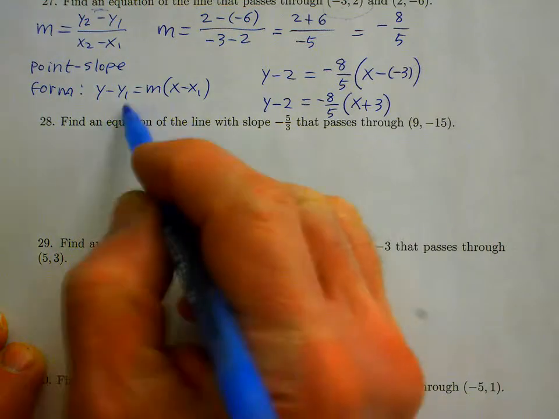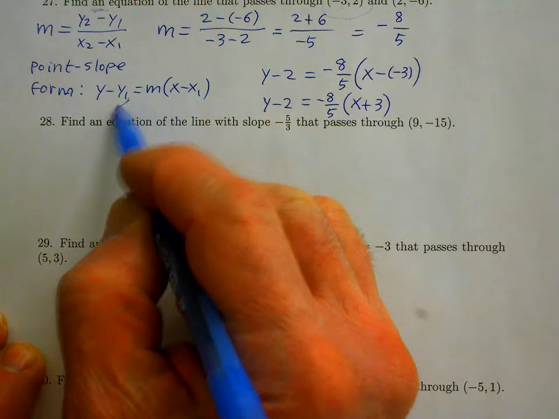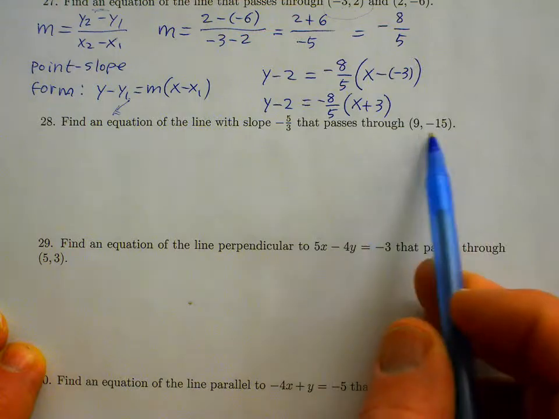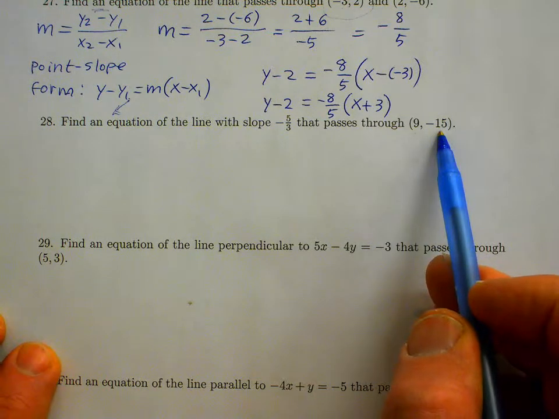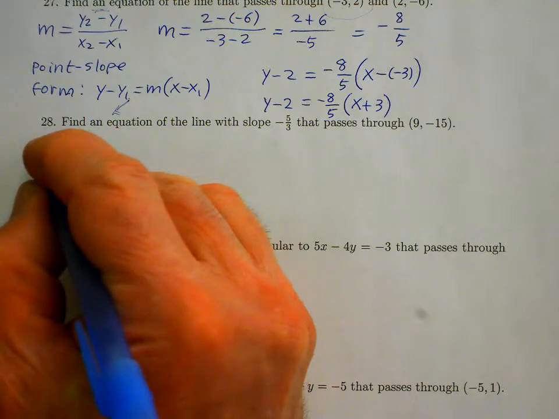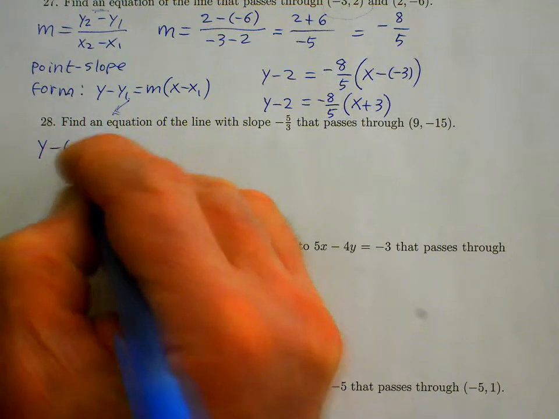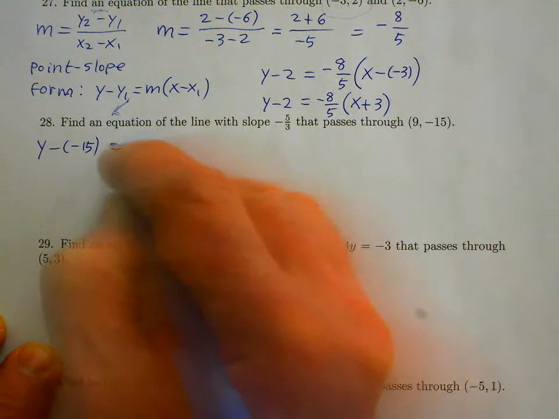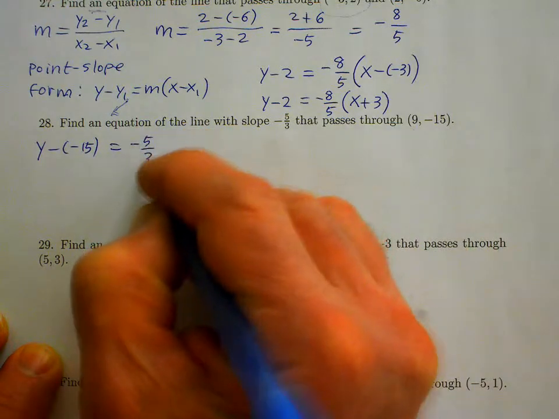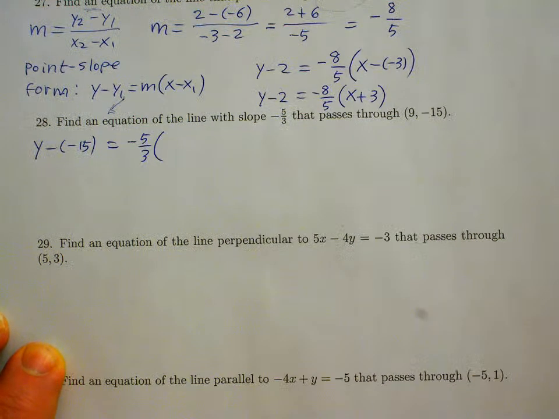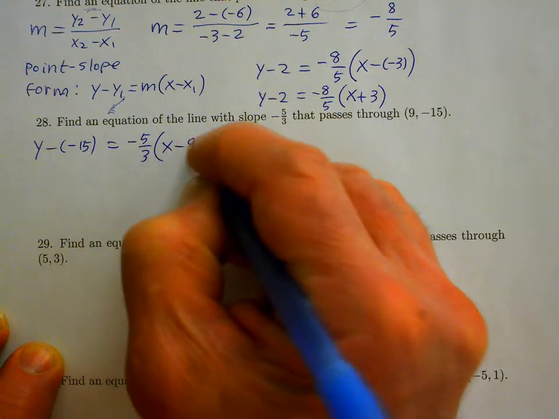So we'll just use the point slope form again. My x1 is 9 and my y1 is negative 15. So y minus y1 is y minus negative 15, and that's equal to the slope, negative 5/3, times the quantity x minus 9.